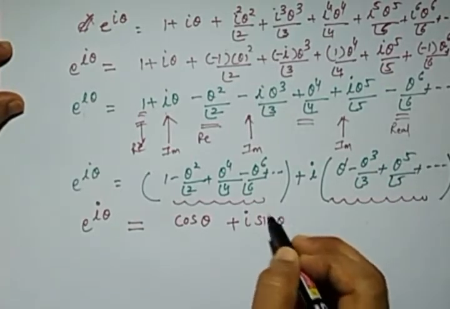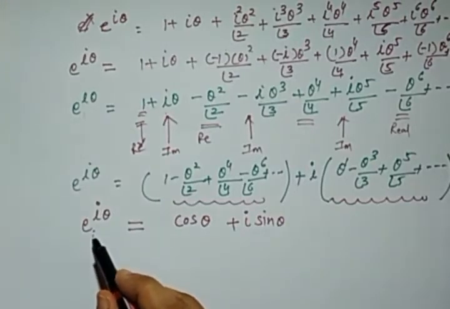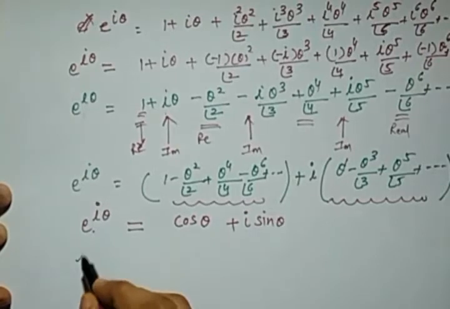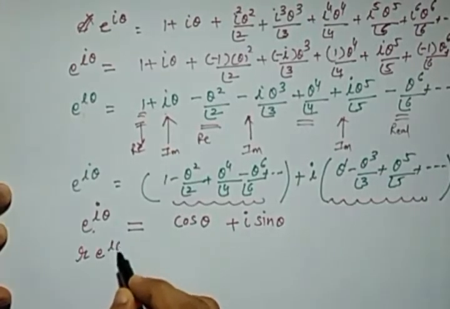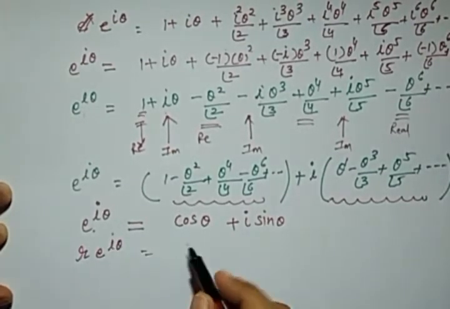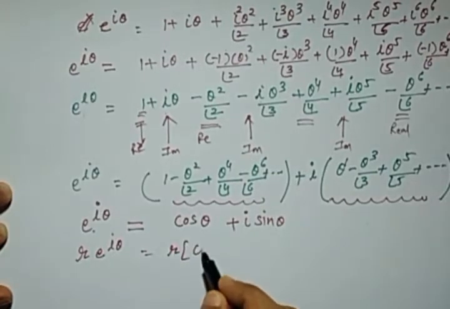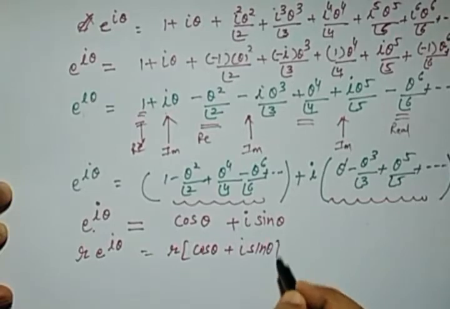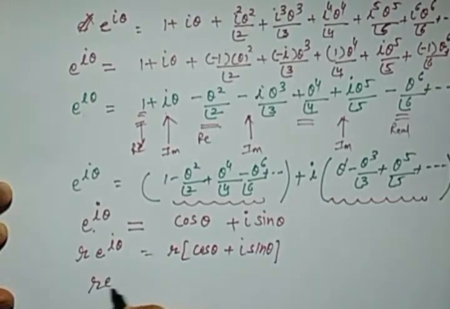So we can write now that e raised to power i theta is equal to cos theta plus i sin theta, and if we simply multiply by r on both sides, r e raised to power i theta is equal to r (cos theta plus i sin theta), which is nothing but our complex number in polar form.